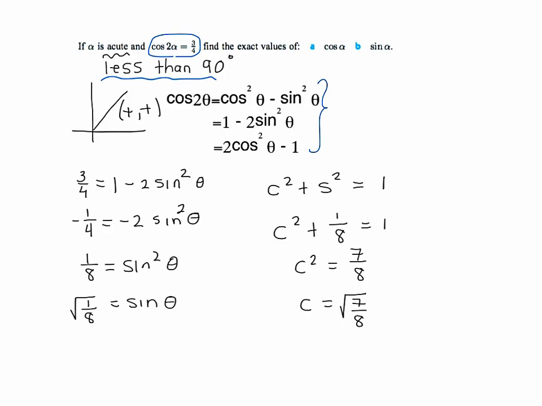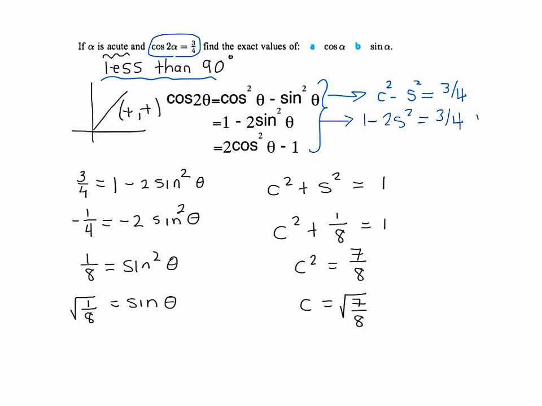If you use the first one, cosine squared minus sine squared is equal to 3 over 4. In this case, you're given 2 unknown variables and 1 equation. Therefore, you can't solve this question using the first formula. If you use the second formula, you have 1 minus 2 sine squared is equal to 3 over 4.